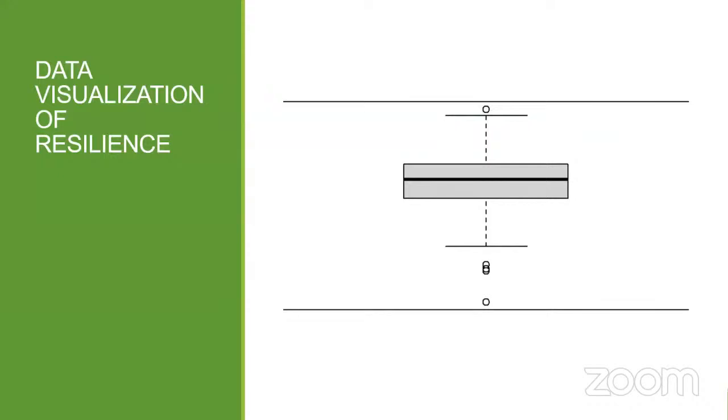Yeah, so this is the data visualization of resilience. And in this model, you will find that the resilience pattern of your respondents is at the lower end, and many outliers are there. That means there are some people who reported that their resilience power is very low. Okay.